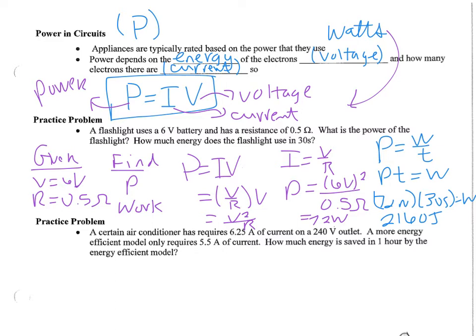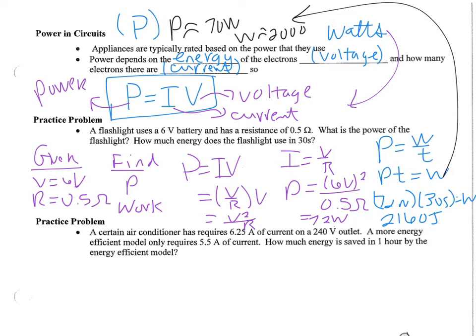I'll round up top. So coming up here, the power is about 70 watts. The work is about 2,000 joules. So pretty simple, again, to use these equations. And then this one I'll have more room for.